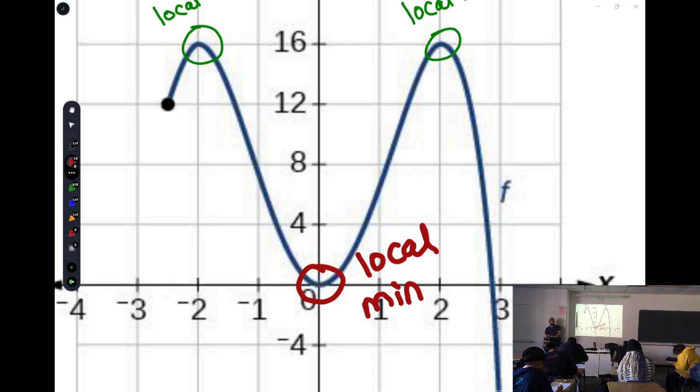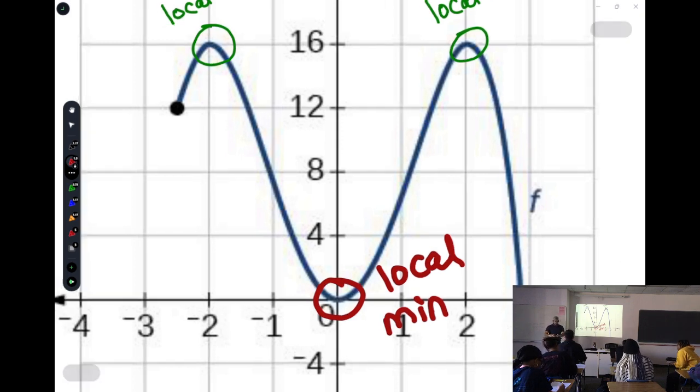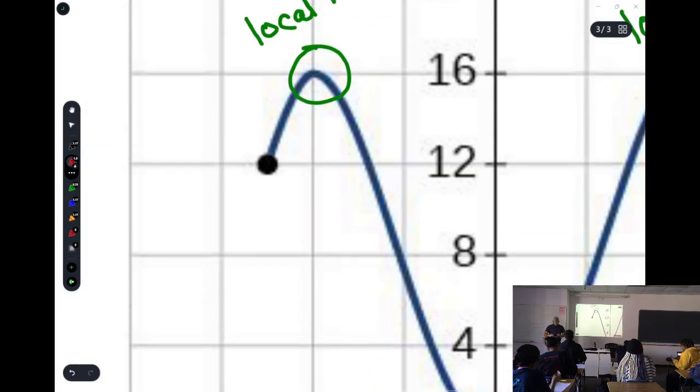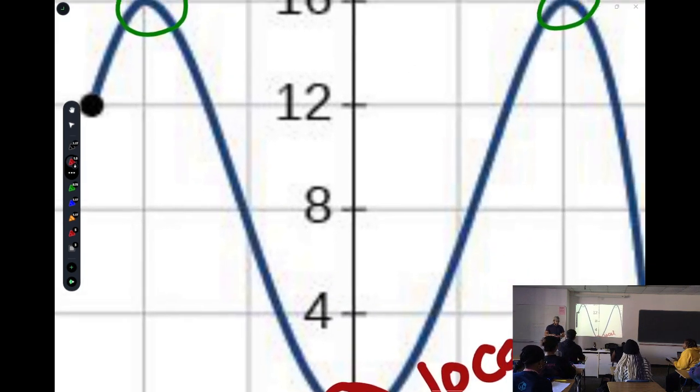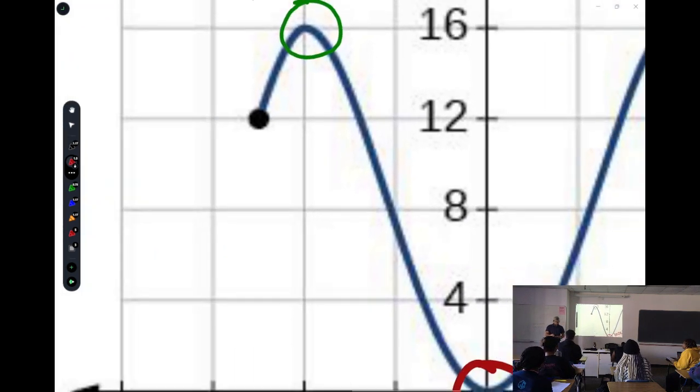Okay, now we have to fight with these endpoints, right? If they are endpoints technically local mins, well, if you zoom in a lot, right? Can't really zoom in farther than that, sorry. But if you zoom in enough, do you know what happens on the other side of that dot? It's not even on the function. The other side of that dot doesn't exist.